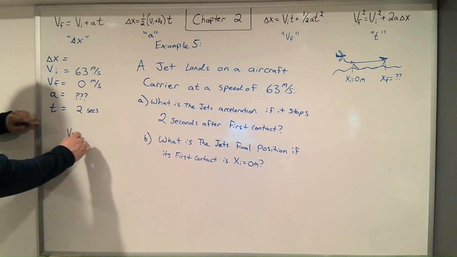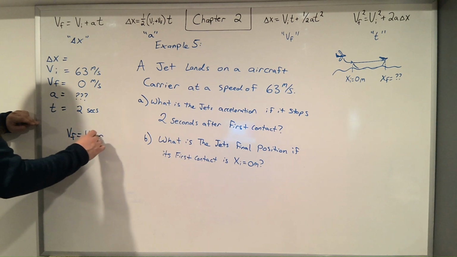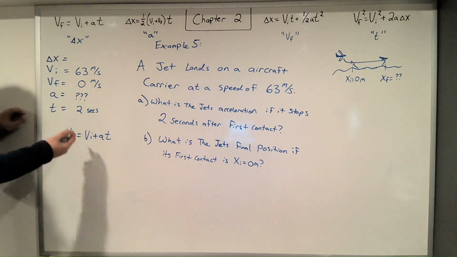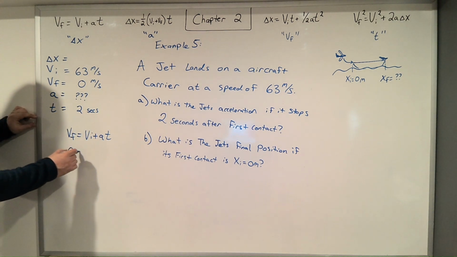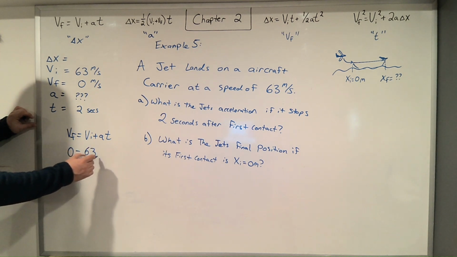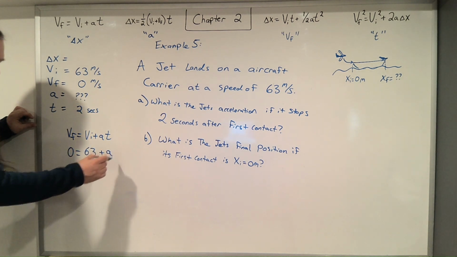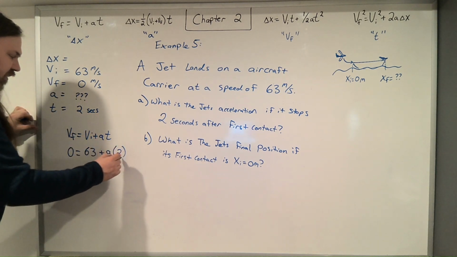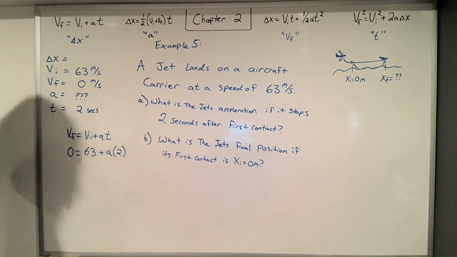So I'm going to write out vf is equal to vi plus a times t and see if this works for me. vf I know to be 0. vi I know to be 63. Plus, I don't know what a is, so I'm going to leave it as a, but I do know t is equal to 2 seconds.